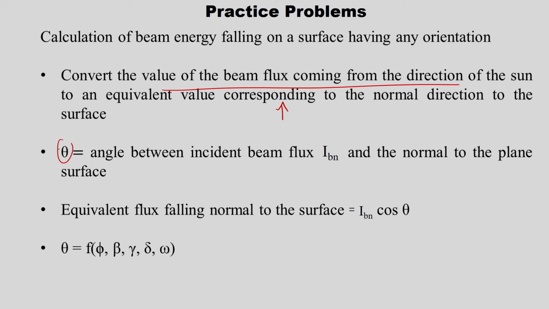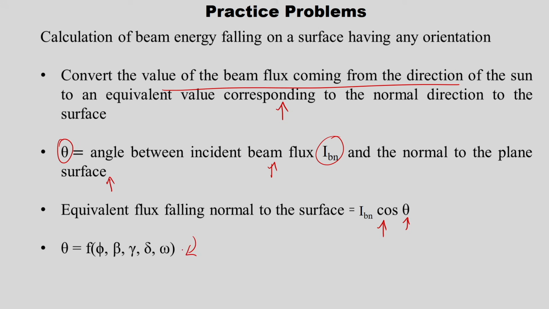So, this angle theta is nothing but the angle between the incident beam flux IBN and the normal to the plane surface, and the equivalent flux falling normal to the surface is given as IBN into cos theta. So, this is the theta, which is nothing but angle of incidence.